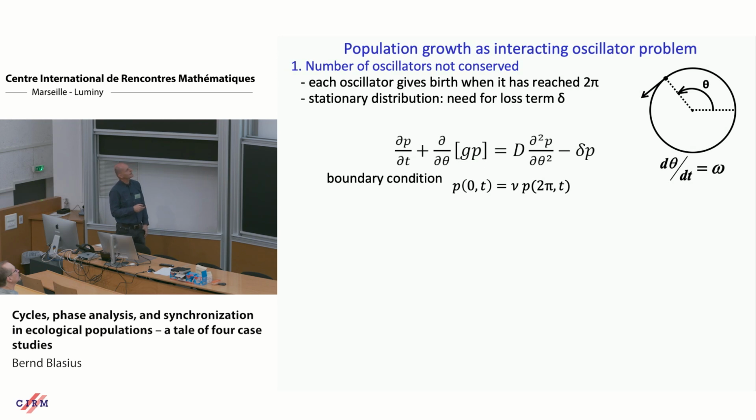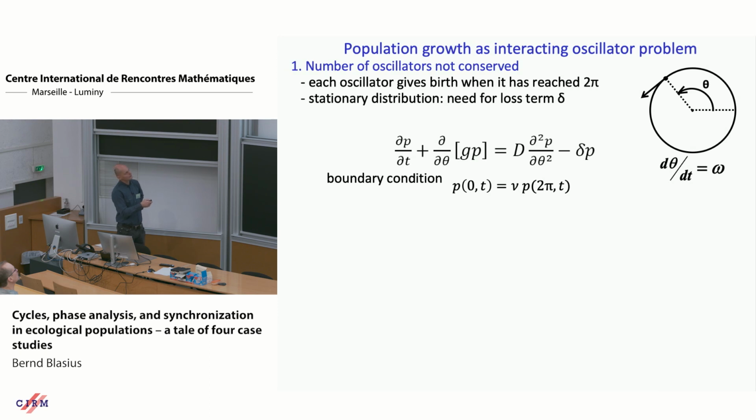And here I was thinking, what we have here is a flavor of this Kuramoto theory with some small differences. First, we have a non-conserved number of oscillators. Typically in synchronization theory, you always have a fixed number of oscillators and you let them synchronize. But here the number of oscillators is not fixed, it's growing in time. So this is integrated by a different boundary condition.